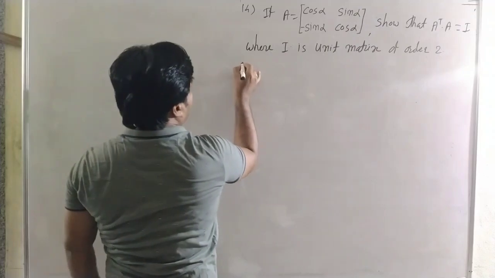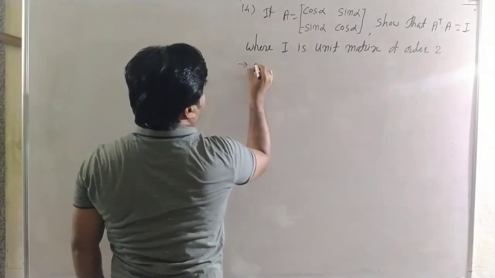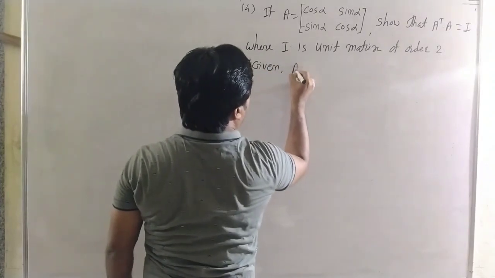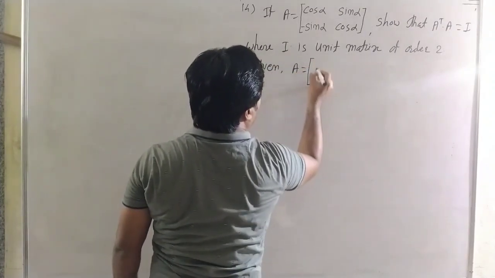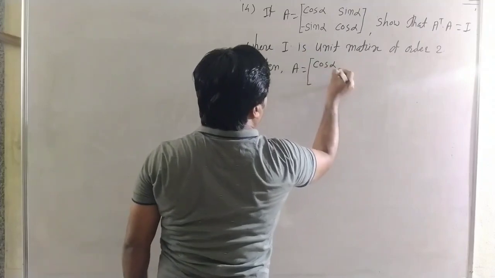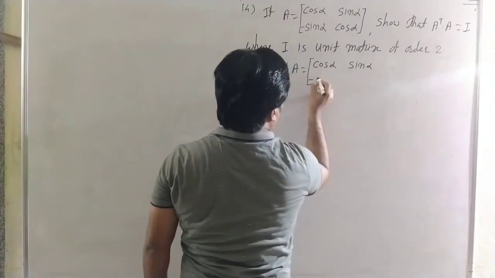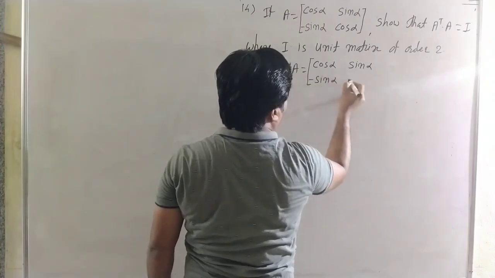Now here, given the matrix A, it is cos alpha sin alpha, minus sin alpha cos alpha.